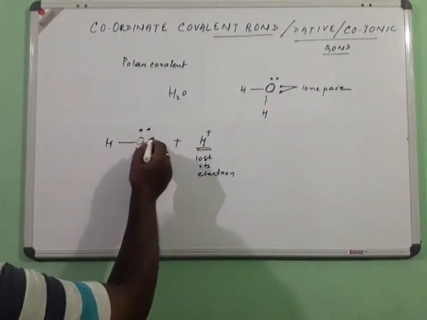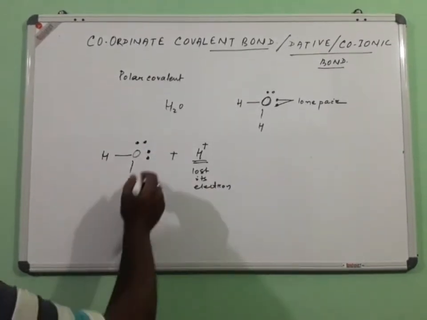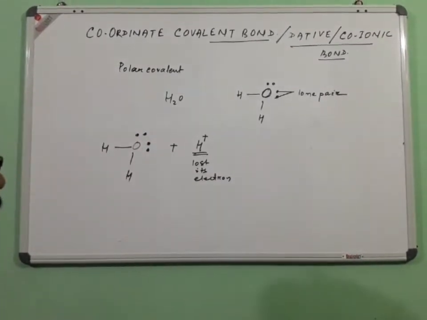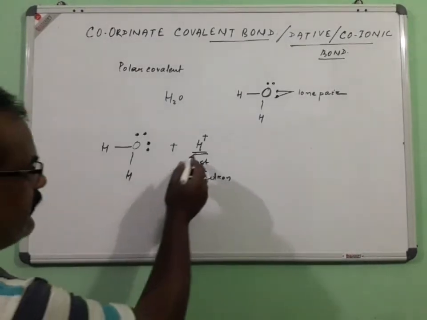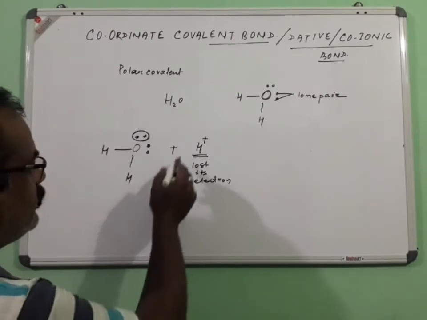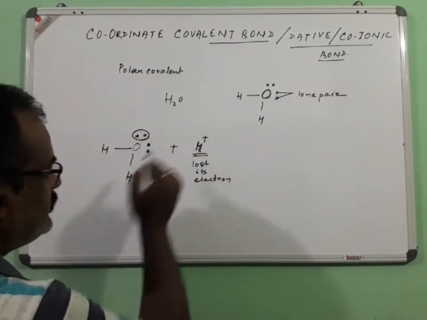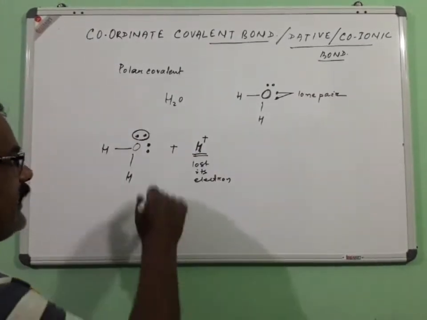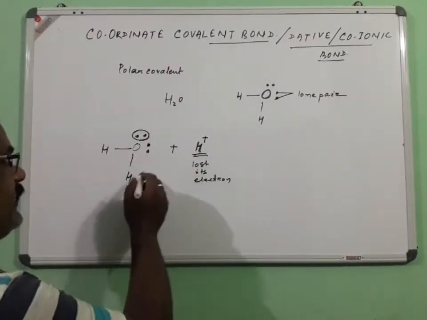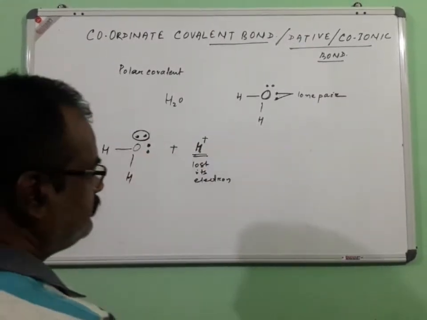One of the unshared pairs of electrons out of these two pairs completely shares with the hydrogen in such a manner that it appears as if both of them share, although practically it is shared by the oxygen.